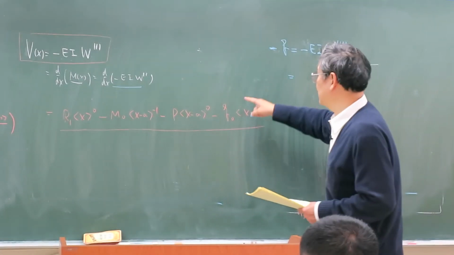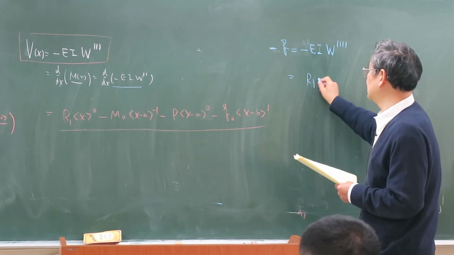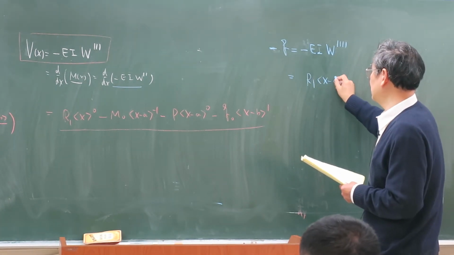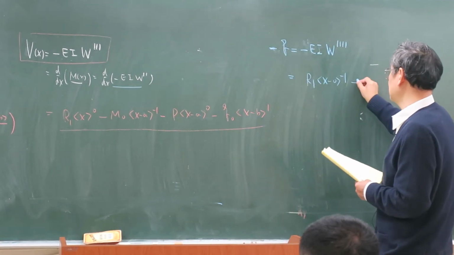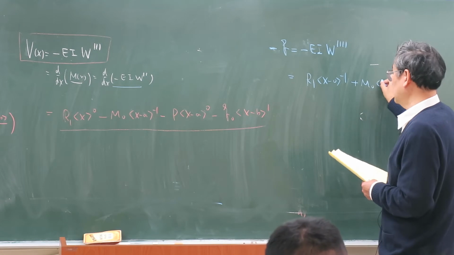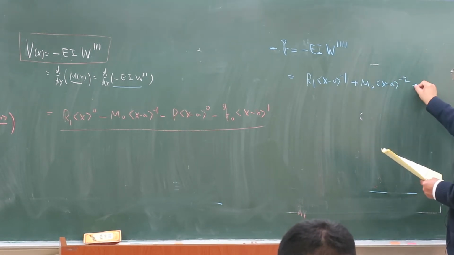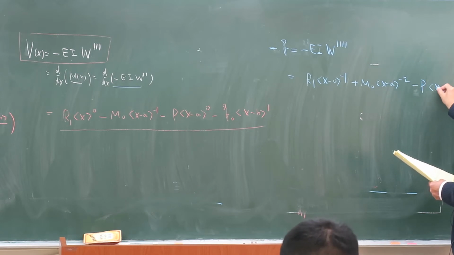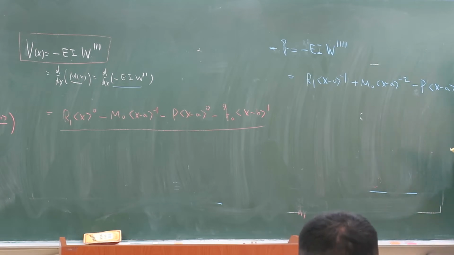So just the further derivative of this one will be R1 ⟨x−0⟩^(−1) plus M0 ⟨x−a⟩^(−2) and minus P ⟨x−a⟩^(−1), okay, and minus Q0 ⟨x−b⟩^0.